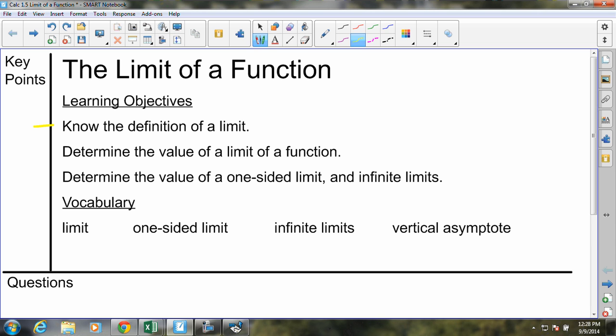You should be able to describe it that as you close in on the x value, the y height is going to close in on some finite number L. You should be able to use a graph, use a table, use logic, but you should be able to determine the value of a limit, including if it's a one-sided limit, closing in on a finite number, or if it's a limit that balloons upward or downward to positive or negative infinity. You should be able to do those things. Of course, the infinite limits are also used to determine the vertical asymptotes.